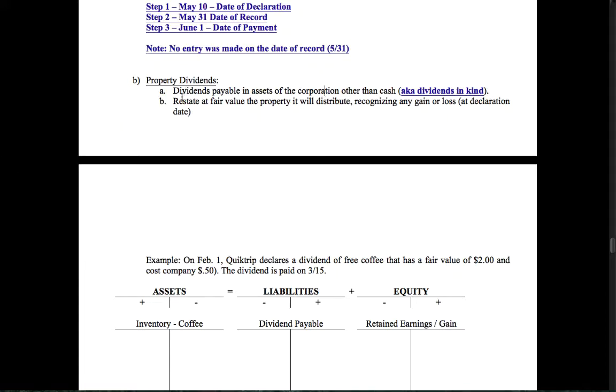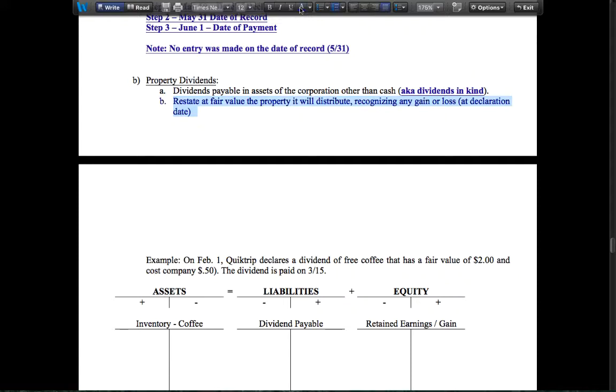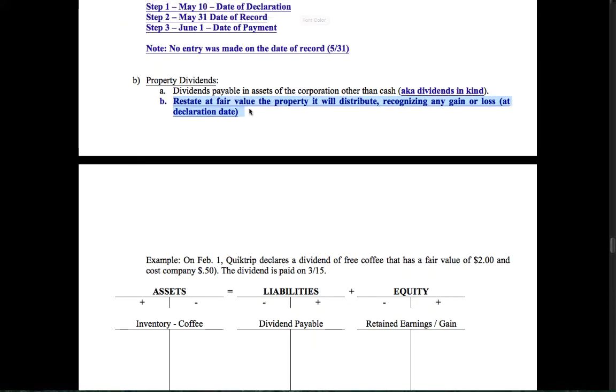The key thing you need to remember with property dividends is that before you record the dividends, you need to restate at the fair value the property you will distribute and then recognize any gain or loss. This is the circumstance where you could have an owner transaction impact net income. If the book value and the fair value of the property you're distributing are different, then you will recognize a gain or loss, and that will flow through net income.